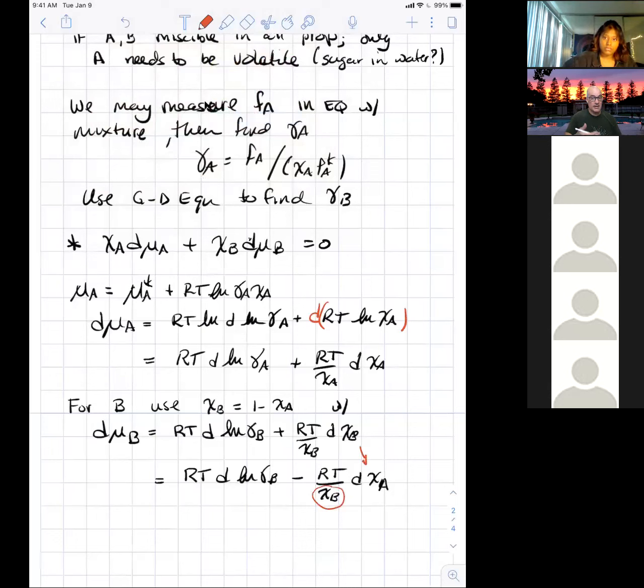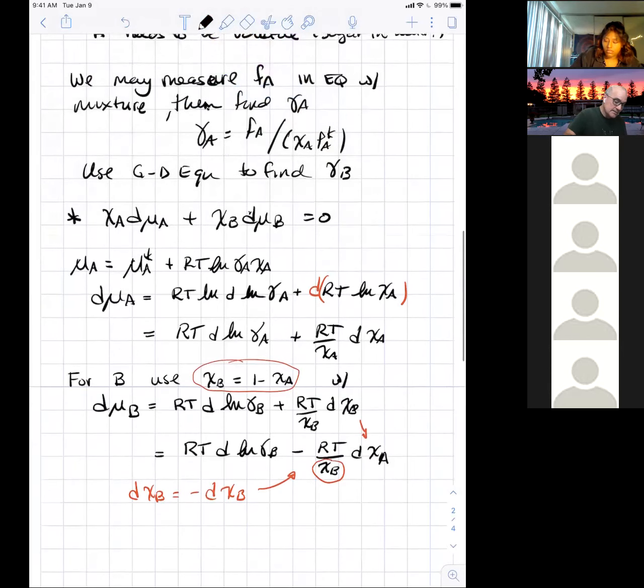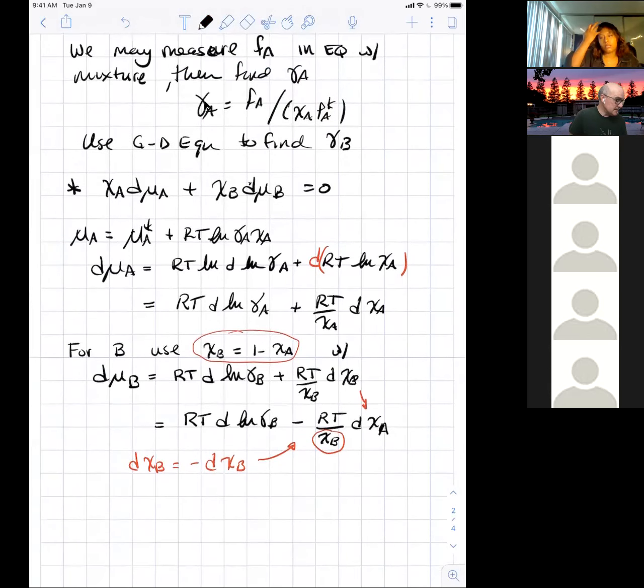So when I integrate, I can do this. And because of this, right, the change in mole fraction of B is just the negative change in the mole fraction of A. So that is the kind of dependency that lets me fix this.